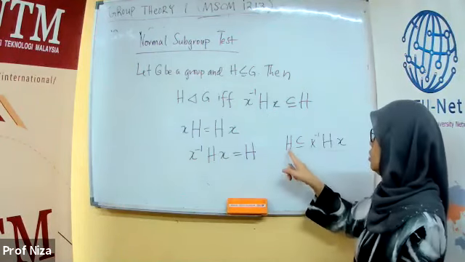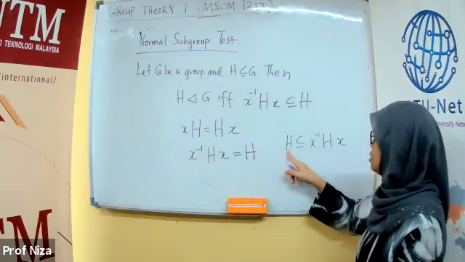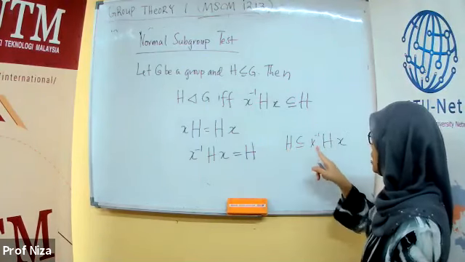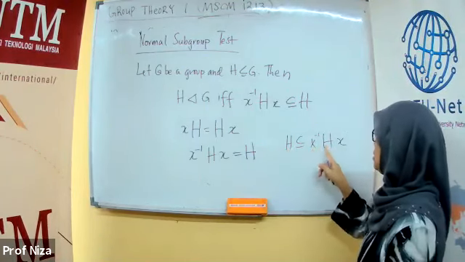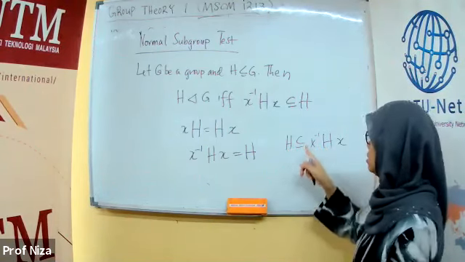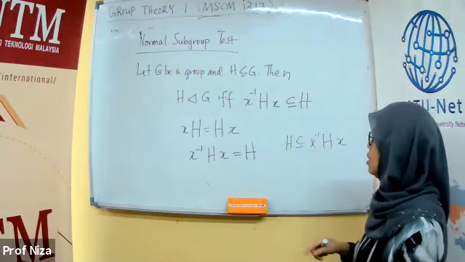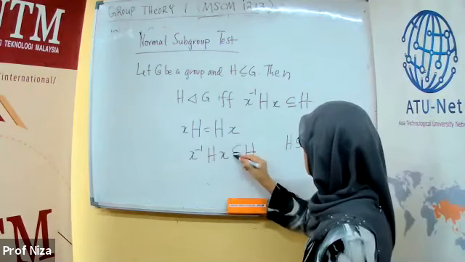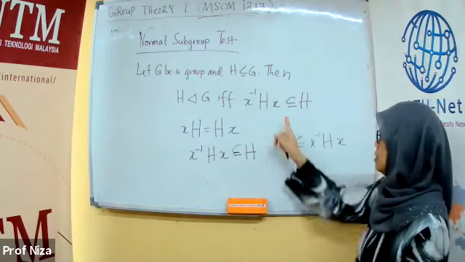Why is this always true? If you take one element h and x is in G, you multiply, this is closed, right? So you can show it clearly, but you can just show this way.